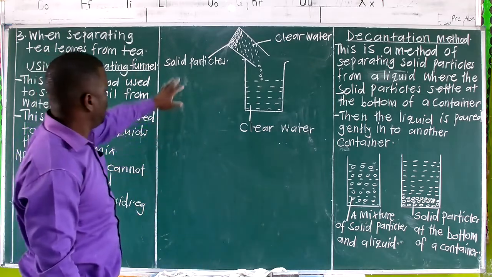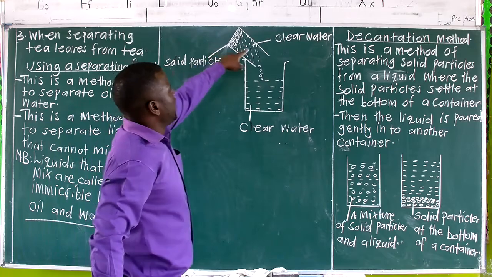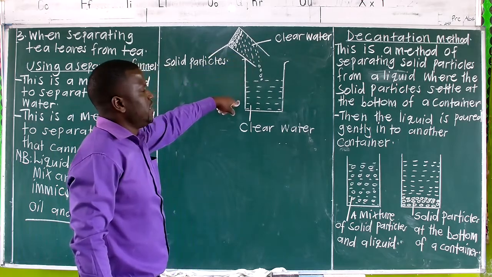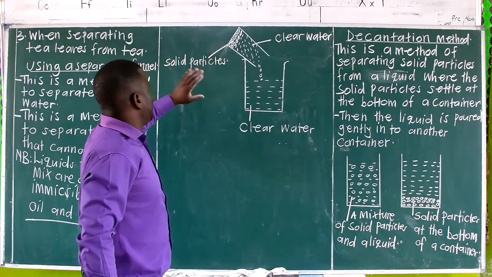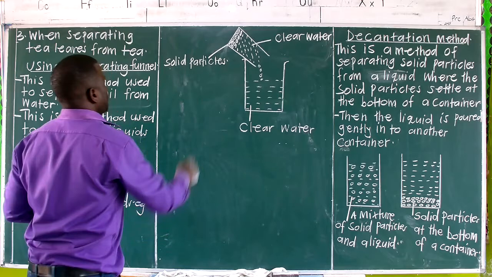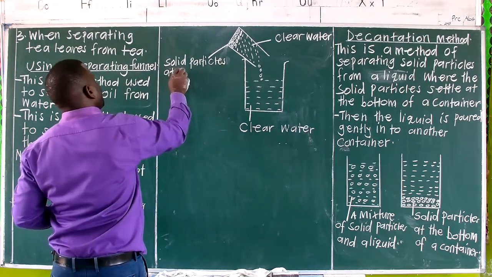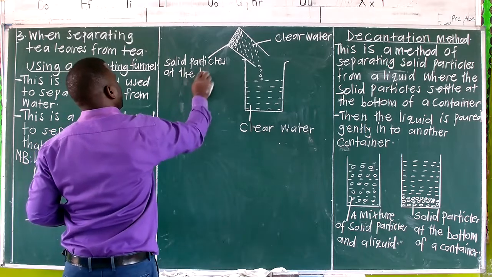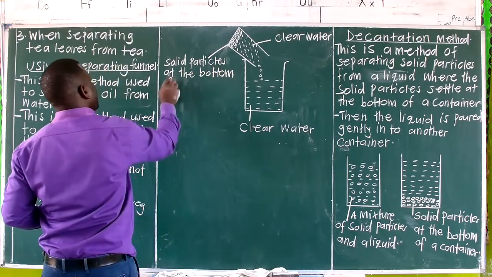So we have these solid particles at the bottom of this container, then clear water being poured into another container. So the solid particles remain at the bottom of a container.